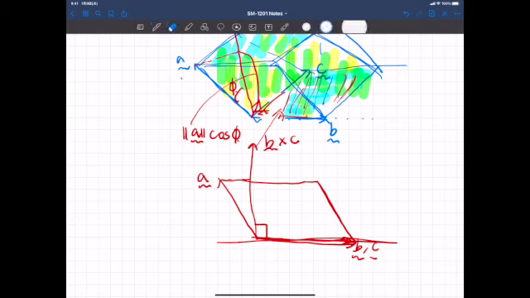So the height of this parallelepiped is this.